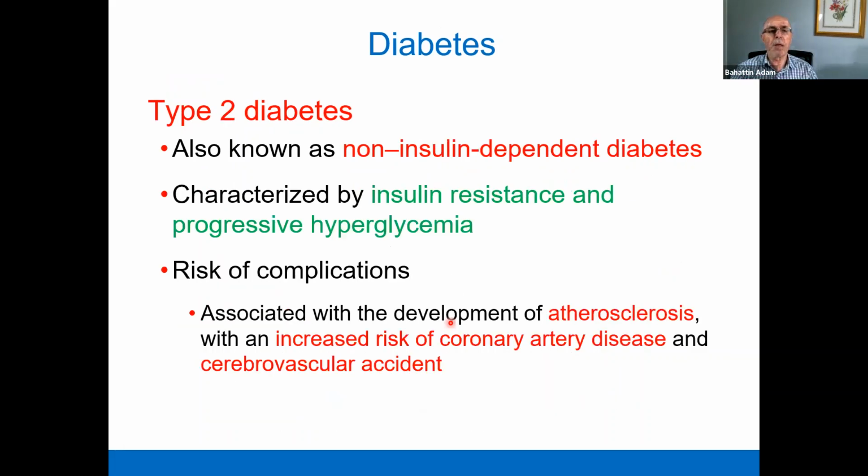Now, type 2 diabetes, the other type of diabetes mellitus, is also known as non-insulin dependent diabetes. It's characterized by insulin resistance and progressive hyperglycemia. Even though you have enough insulin secretion, you have insulin resistance.